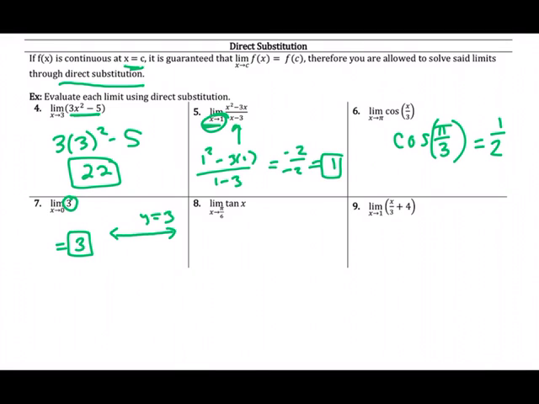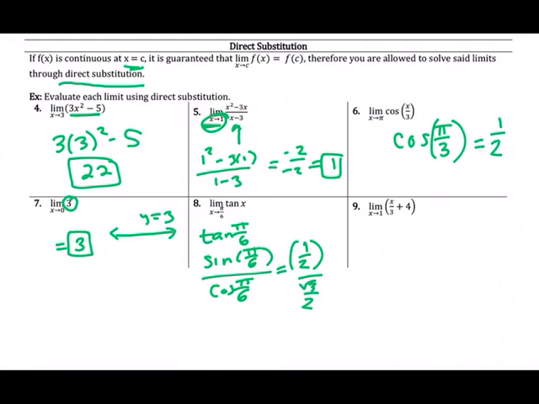The limit as x approaches pi over 6 of tangent is going to be tangent of pi over 6. And just as a reminder, that would be the same thing as saying sine of pi over 6 divided by cosine of pi over 6. And we can use the unit circle to help us here. Sine of pi over 6 is 1/2. Cosine of pi over 6 is root 3 over 2.